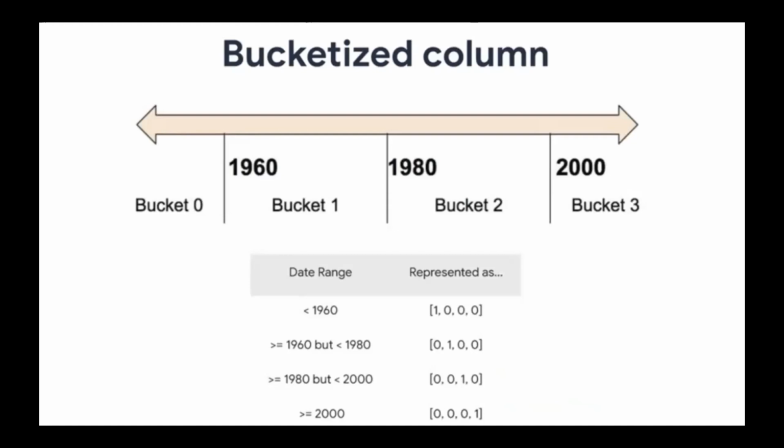Here, anything before 1960 is bucket 1, between 1960 and 1980 is 2, and so forth. That gets represented as one-hot encoded vectors that represent the different buckets.